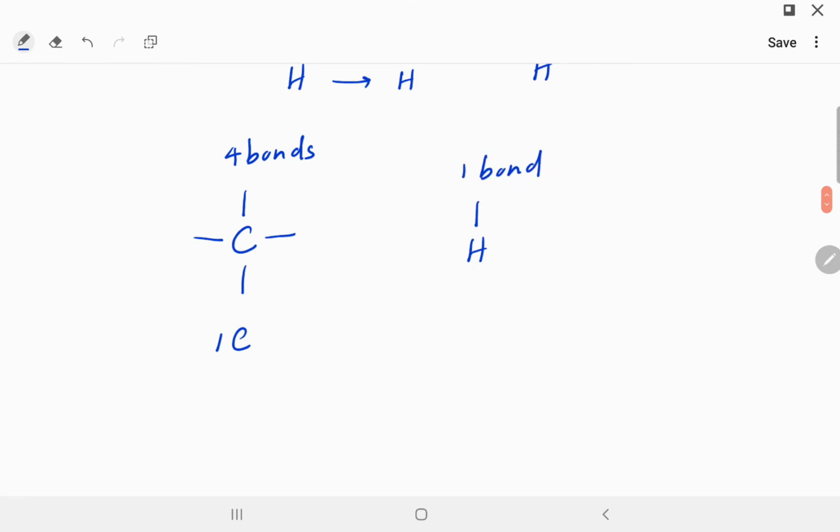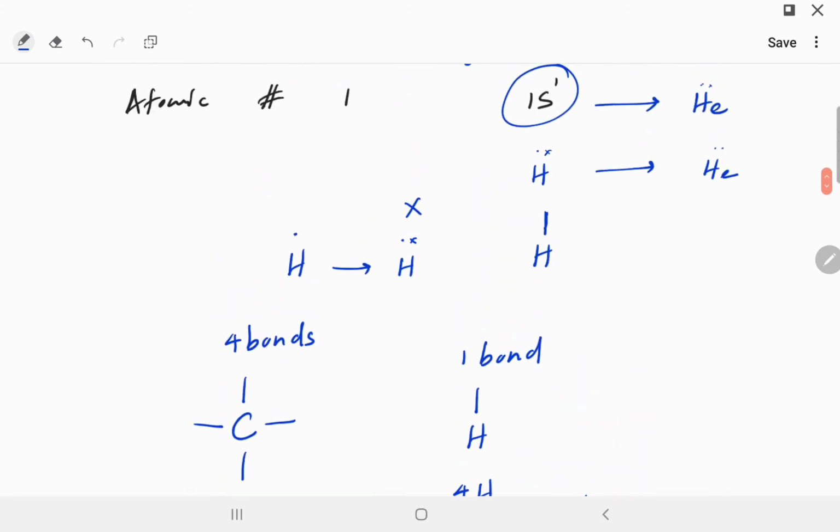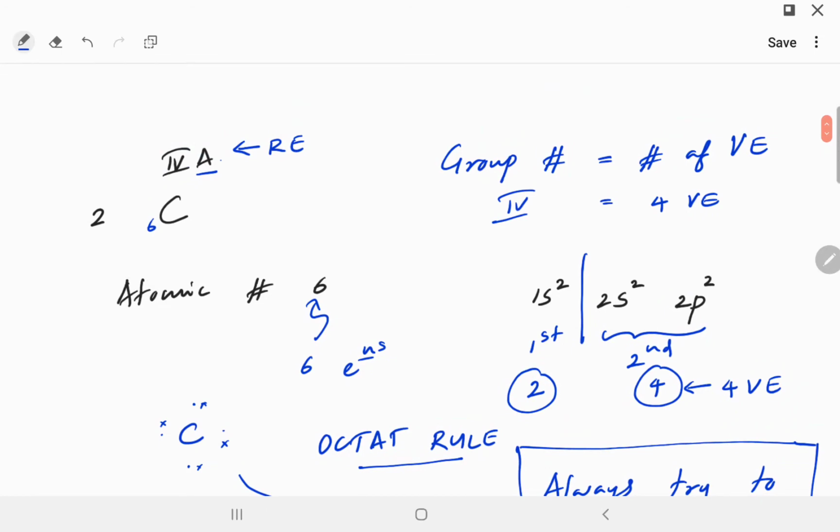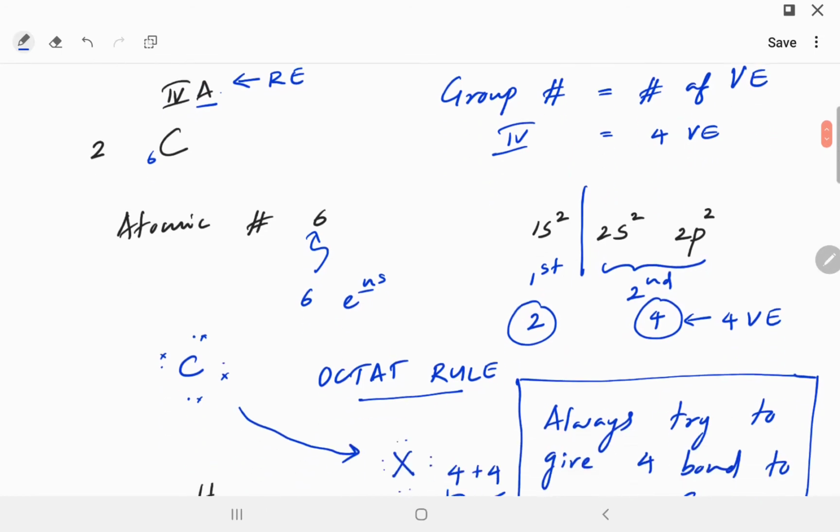So hydrogen can only occupy one of the carbon-hydrogen bonds, so you basically need 4 hydrogen atoms to make a molecule between one carbon atom and hydrogens. That is how it looks. So this is the most important thing to remember: how many bonds carbon will need, and how many bonds hydrogen will need.